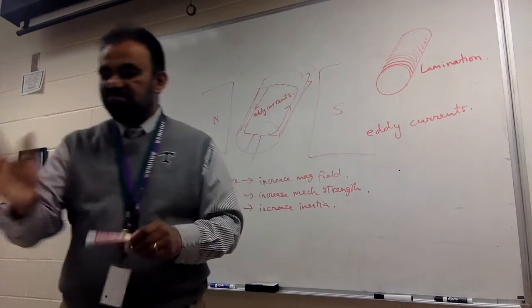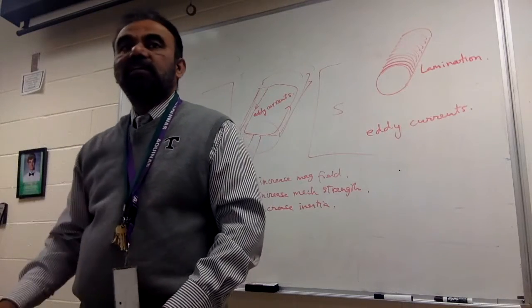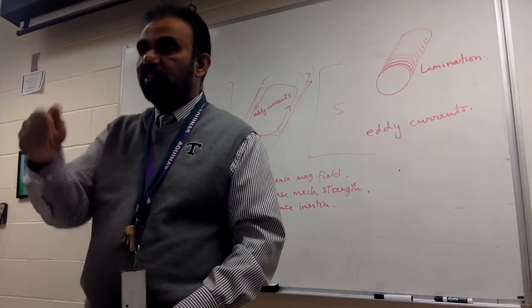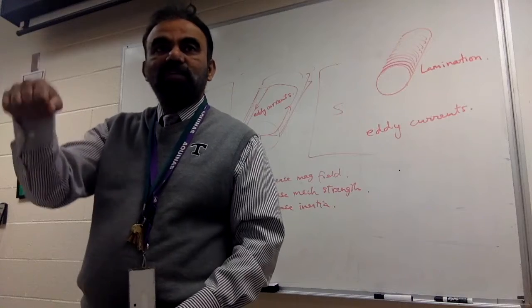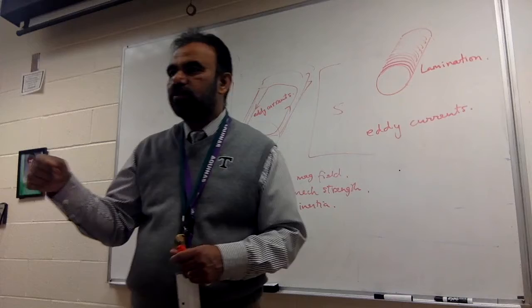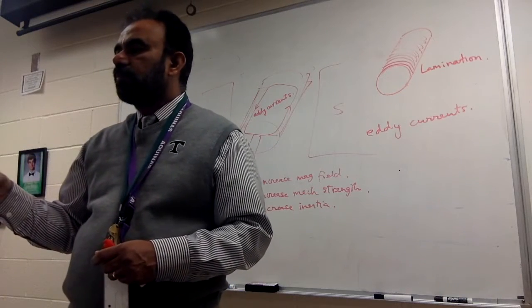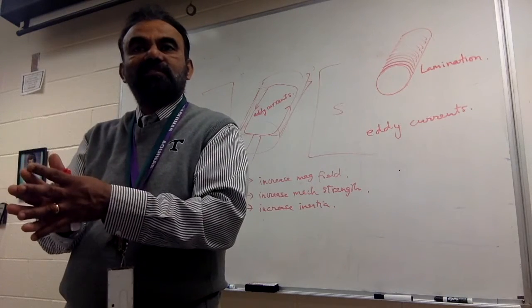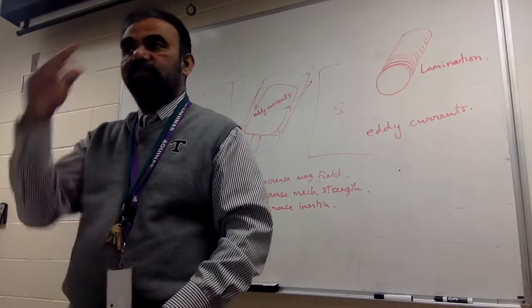You chop it like that, and after they chop it, they take each of those and dip it into varnish. They dip it into a special paint, and then they put it together. Now, what is the benefit of that?